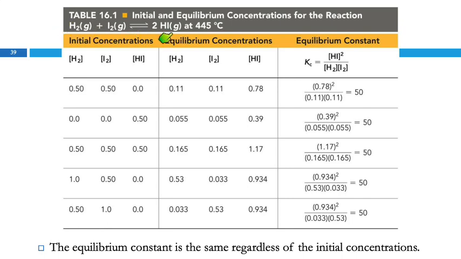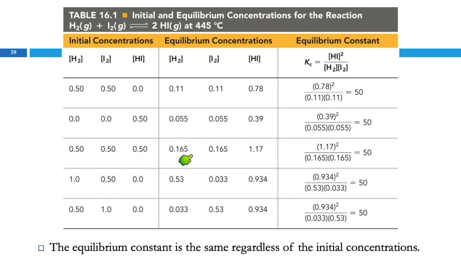So here we're looking at that same reaction that we just calculated the equilibrium constant for. And here we have some sets of initial concentrations, starting out with different amounts, sometimes reactants present, no products, sometimes products present, no reactants, and combinations of various things. You let it go to equilibrium, and then you measure the concentrations.